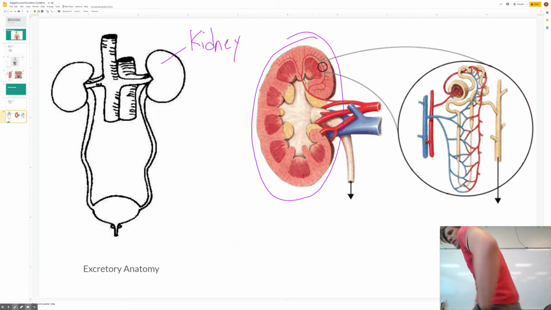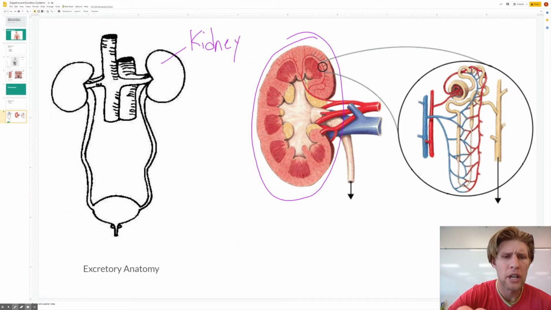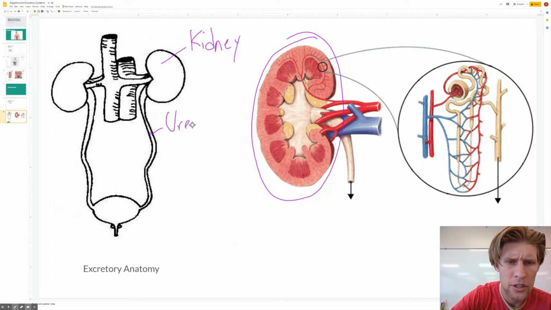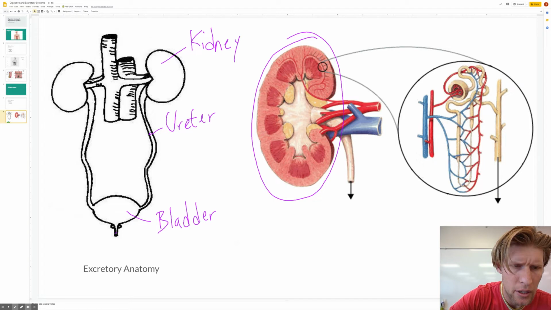And then we have right here what is called a ureter. Here's the bladder. And here is the urethra.